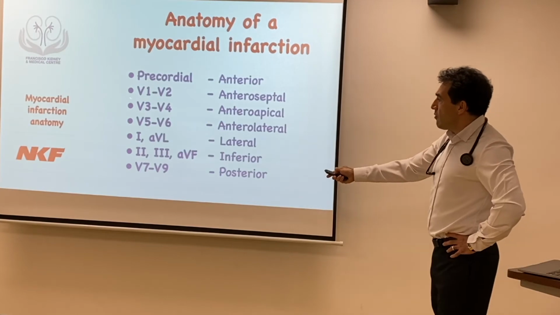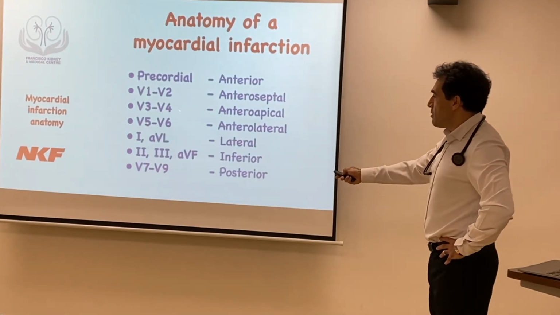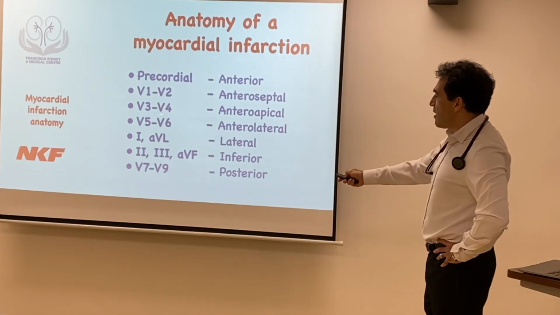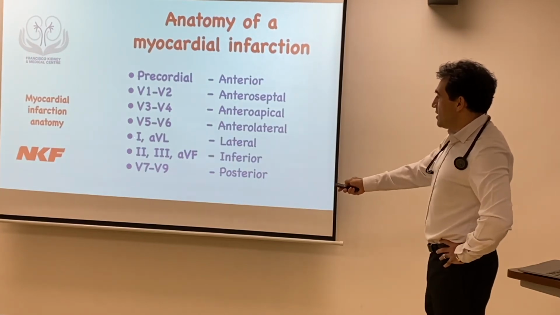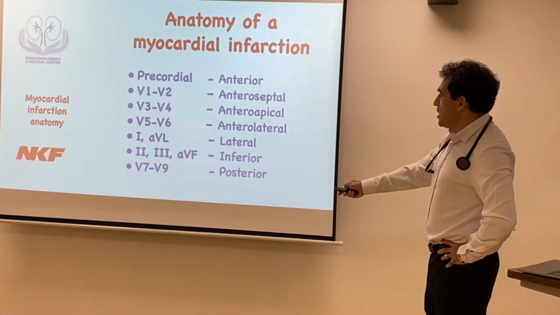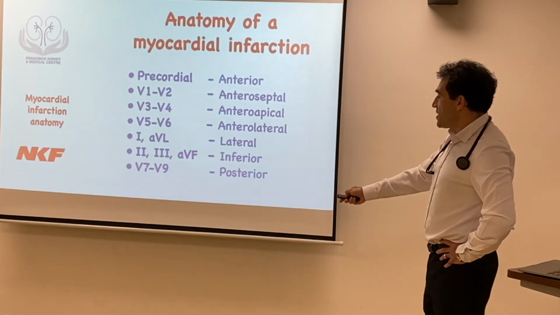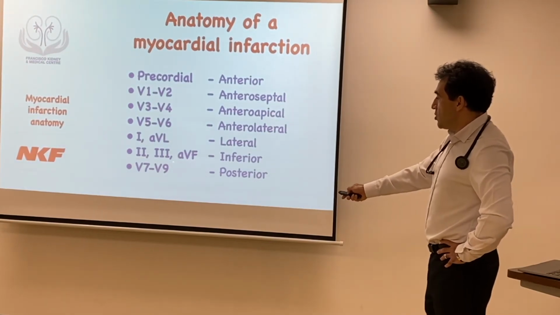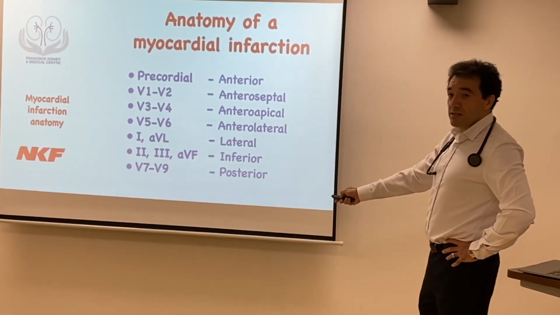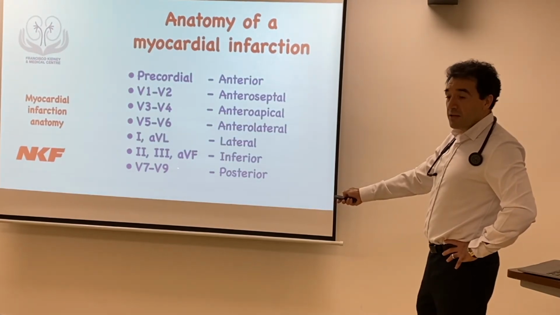Anteroseptal is more focused in V1 and V2, anteroapical in V3 and V4, anterolateral in V5 and V6, lateral in 1 and aVL, inferior in 2, 3 and aVF, and posterior in V7 to V9. Do you know what V7 to V9 is? Who knows? Okay, don't worry, you will know.